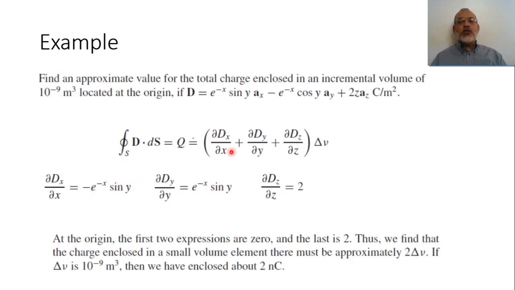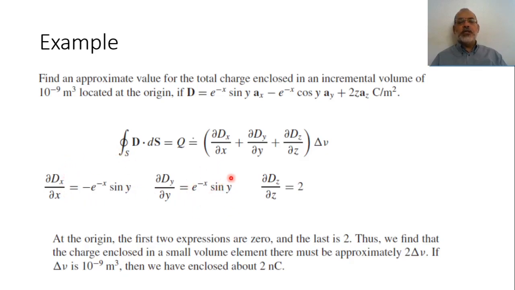Now, it is required to find out the volume charge density at the origin. So, at the origin, we are going to apply x = 0, y = 0, and z = 0. If we apply x = 0 here, e to the power 0 is 1, sine 0 is 0, so this term is 0.